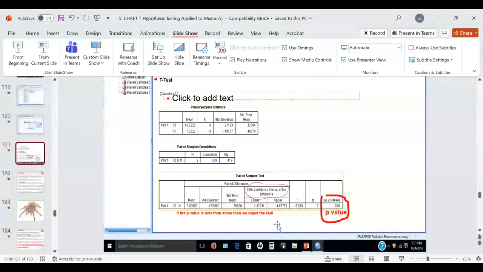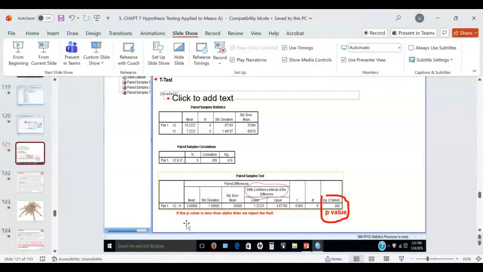Now, if I ask you, did we reject or retain the null, or fail to reject? Well, you look right there where it says significant. It's always the same, right? Significant, two-tailed. Write that number underneath that thick circle. That is called the p-value, the probability value.